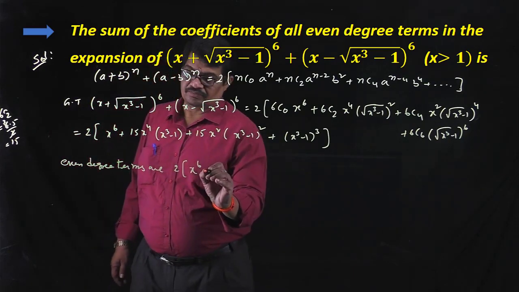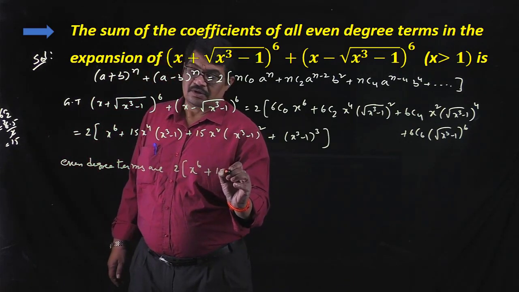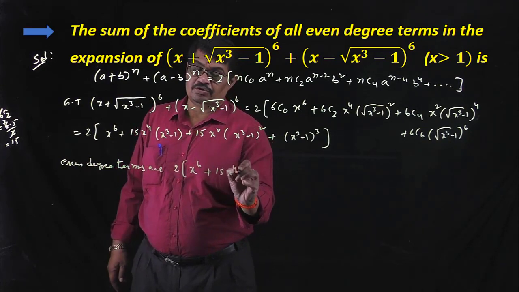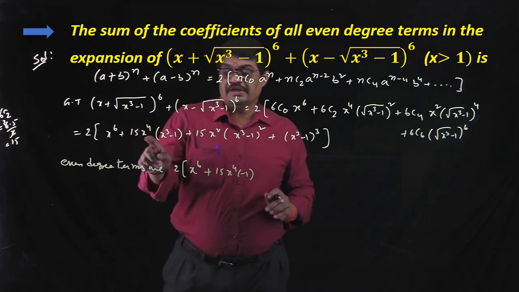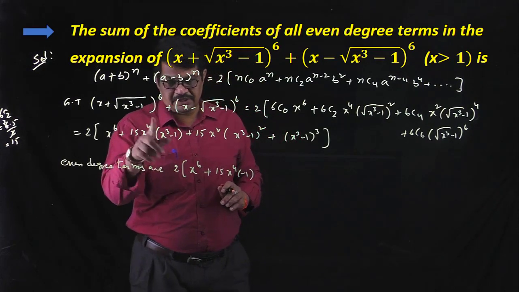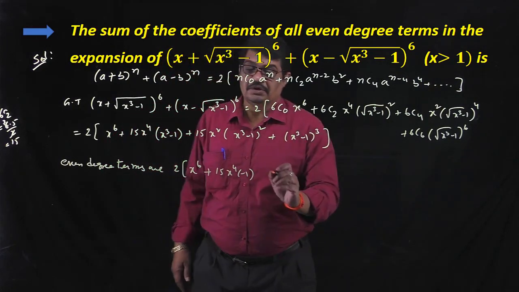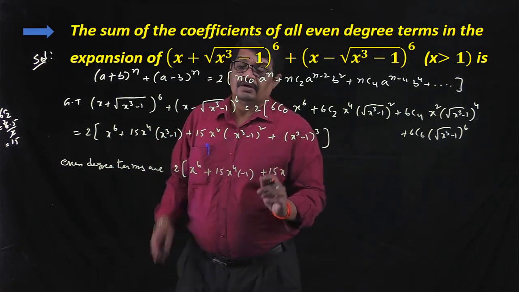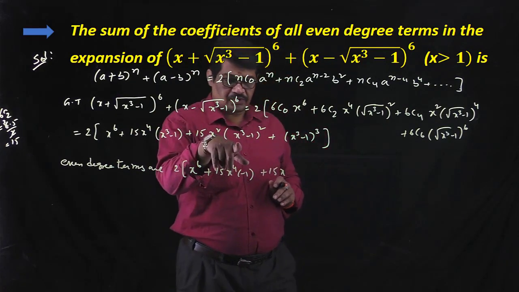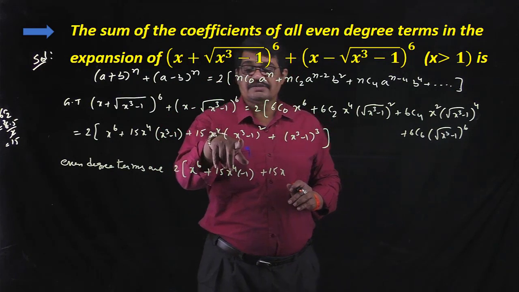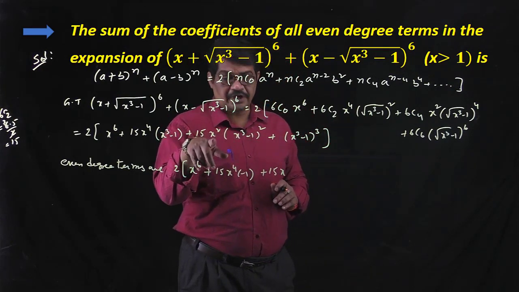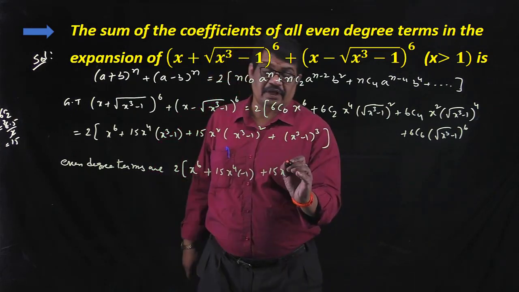Next, 15 x to the power of 4 into (x cube minus 1), that is x to the power of 4 minus 1. Here x power 4 and x power 3, that is x power 7, that is odd power. Next in this expansion, here 15 x square into (x power 3) whole square, that is x power 6 into x power 2, that is x power 8.